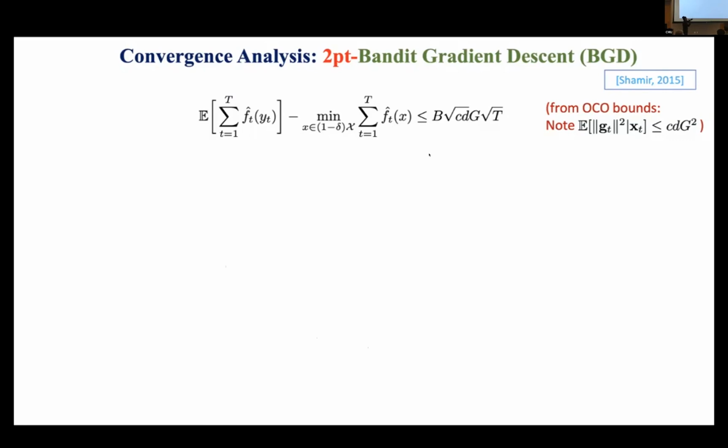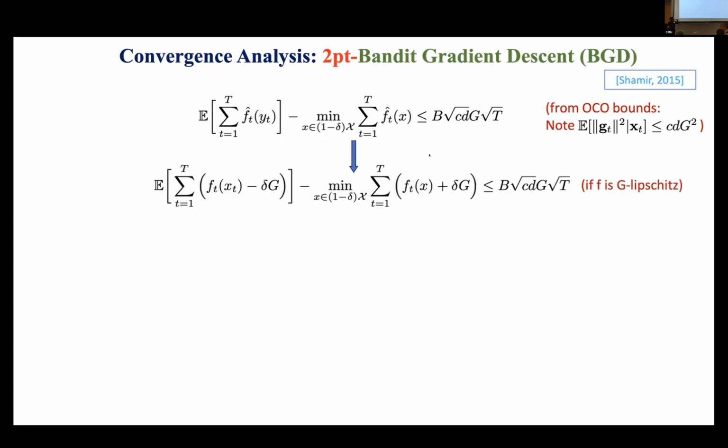Okay, so as before, we know that in expectation, my GT gives the gradient of this function f hat. So I can do a full information analysis on the sequence of functions f1 hat, f2 hat, f3 hat. I have written it for the full gradient information analysis on this online sequence f hat t, and that gives that rate, which is essentially the BG square root T rate that we have seen earlier.